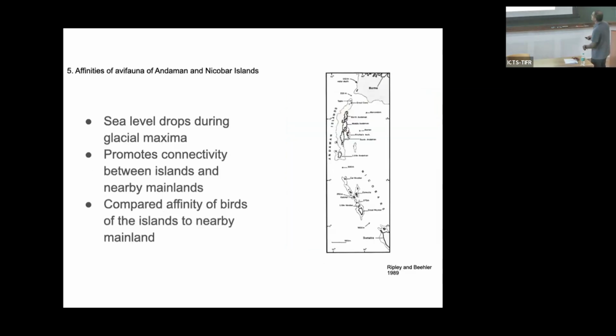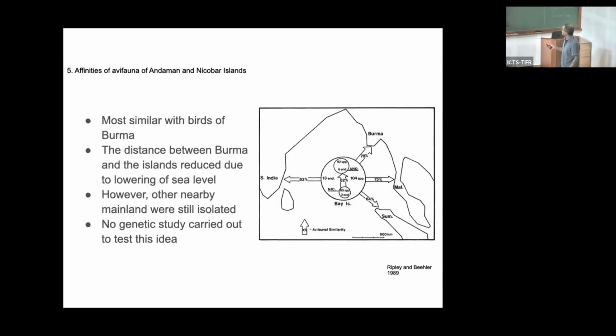All right. And the Andaman and Nicobar Islands are really fascinating as well. You have all of these islands, and there were a lot of hypotheses about how species got here, whether they came from Burma, whether they came from India.